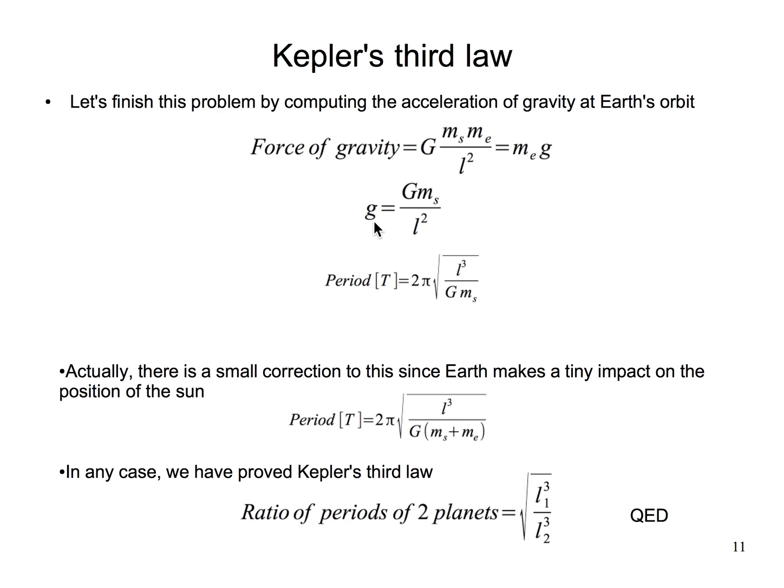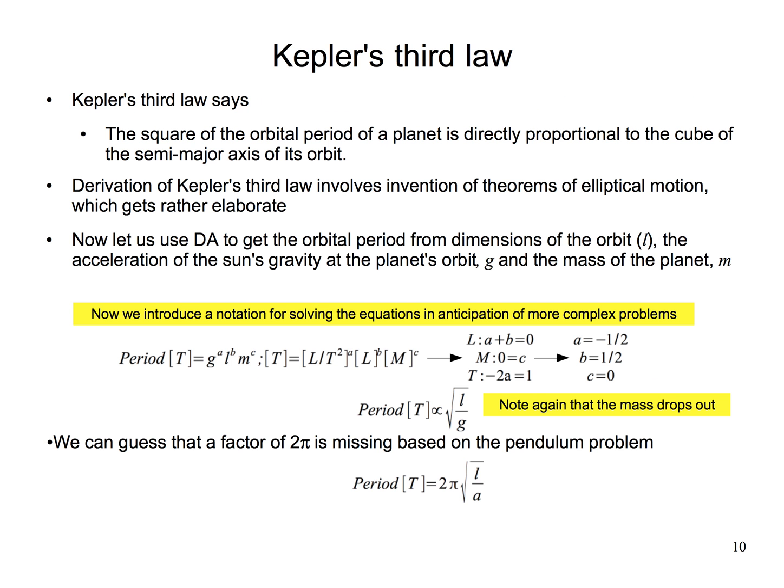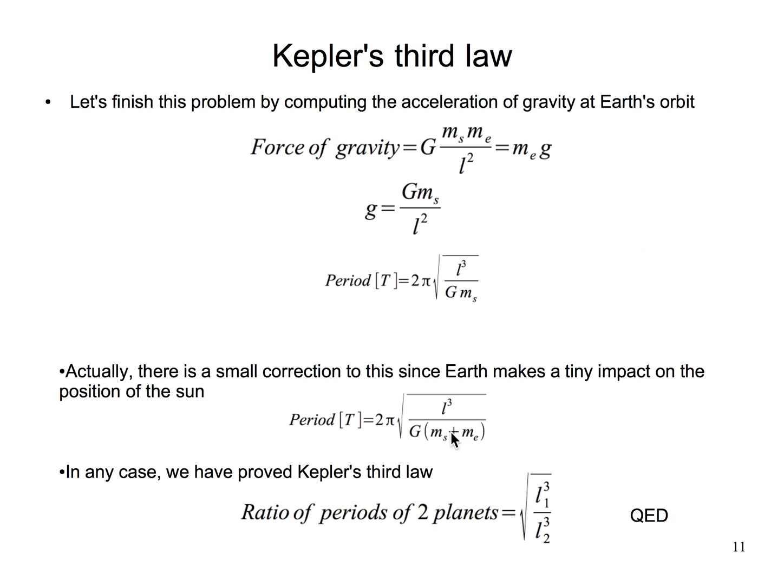The acceleration at the location of the planet is G, M of the central body, over the distance squared. And if we put that into what we got from the prior page, namely this, we get this, that the period should be 2 pi times the square root of the cube of the size of the orbit.